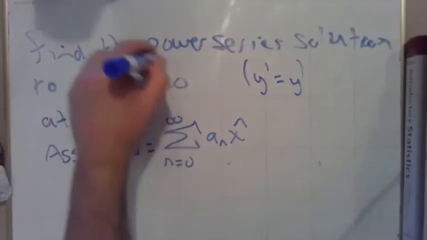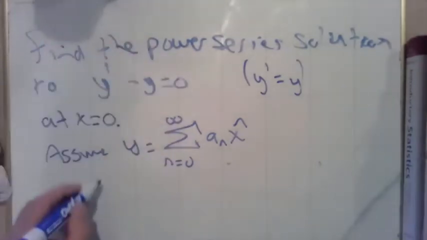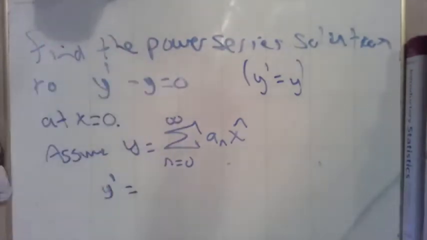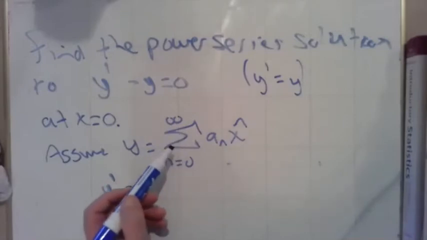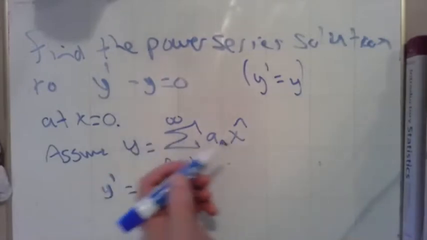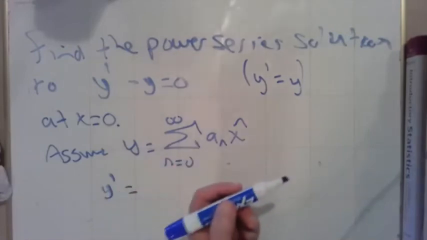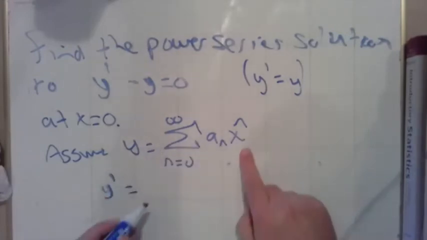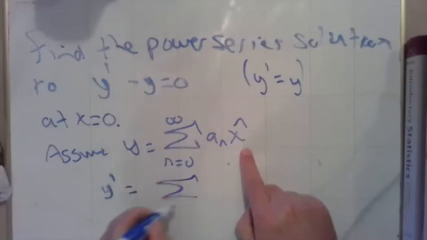So I need to plug that into the DE. I need to take the derivative. Because this function is analytic, I'm allowed to pass a derivative inside the sum. The derivative of the sum is the sum of the derivatives. I can bring the derivative inside and take the derivative term by term.